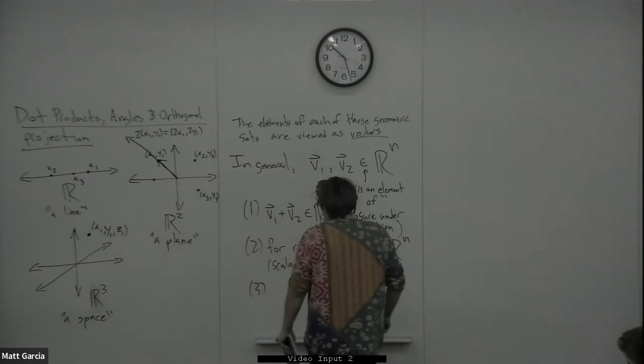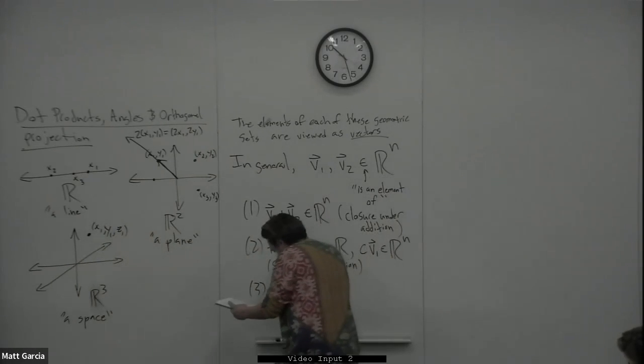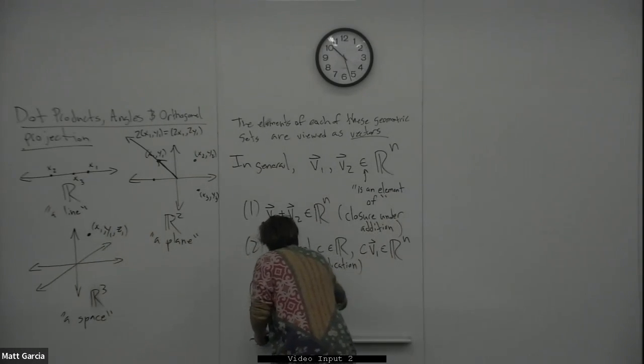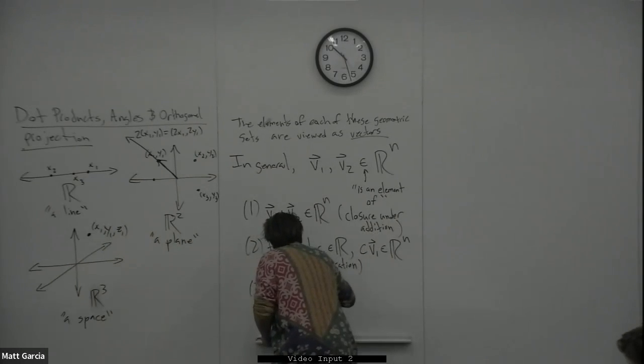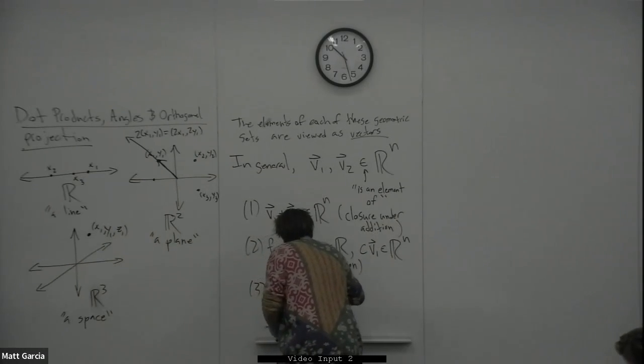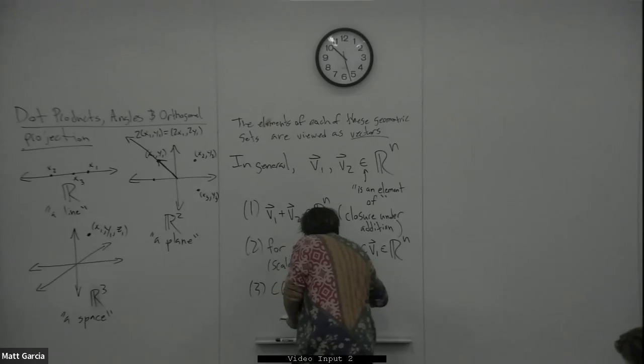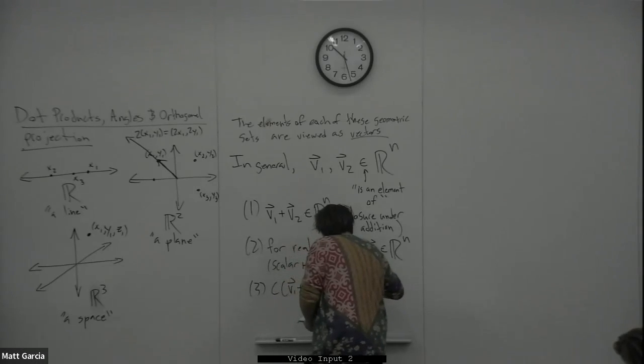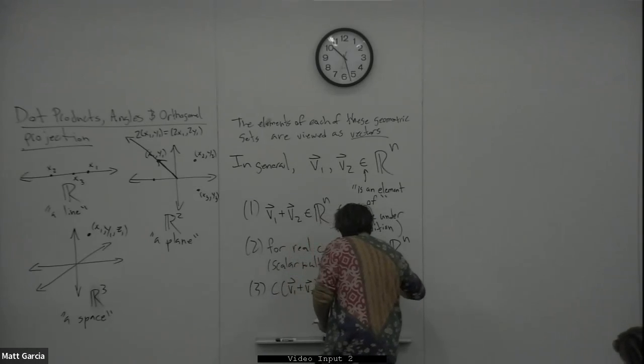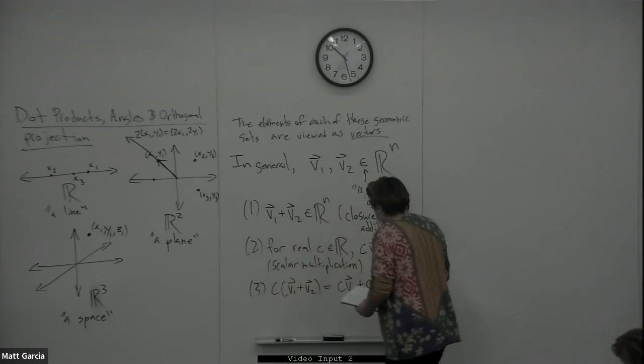Thirdly, I'll write this and then we'll say a few words about it. C times V1 plus V2 hat is equal to C times V1 plus C times V2.